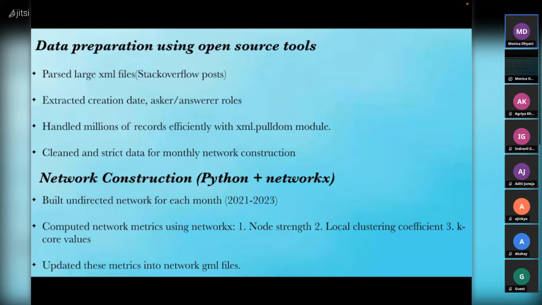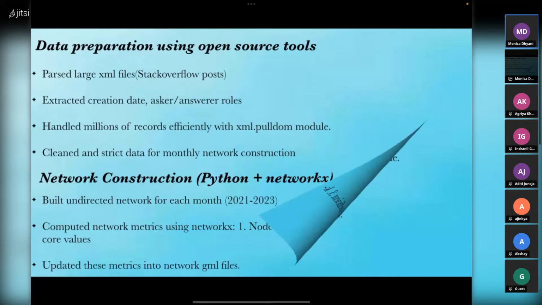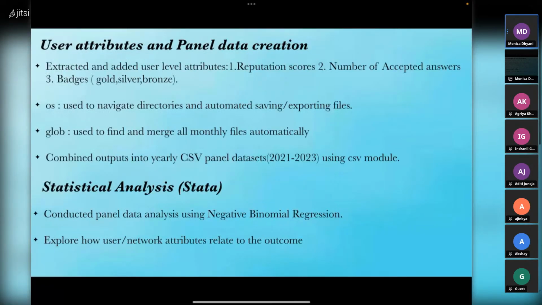Network metrics also were computed using this NetworkX library for the years of observation, where studies were based on 2021 to 2023. So after computing these network files, all these network metrics were updated in a separate GML file.